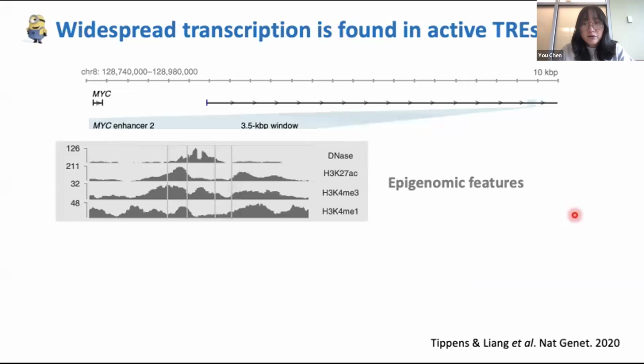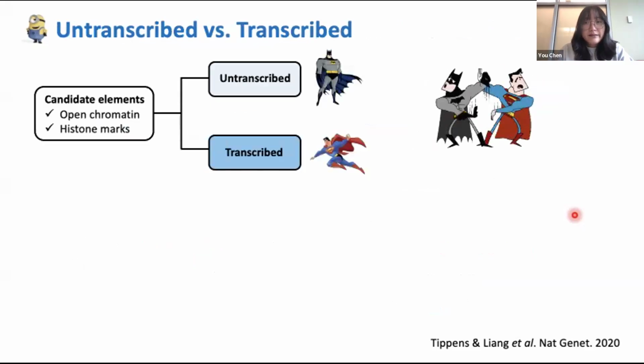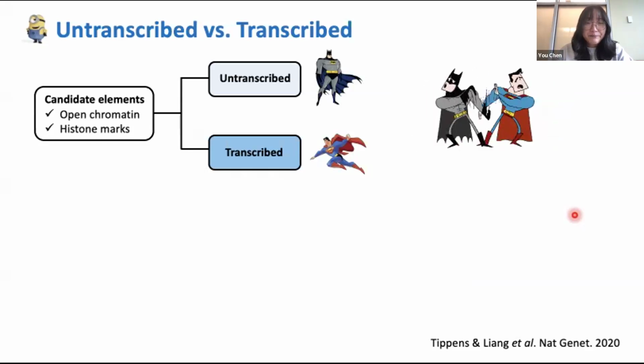More recently, our group and others have observed that, in addition to these epigenomic features, widespread transcription is found in both promoters and enhancers, which can be best detected by GRO or ProCap assays. And it turns out that these nascent transcription events are critical markers of active TREs.